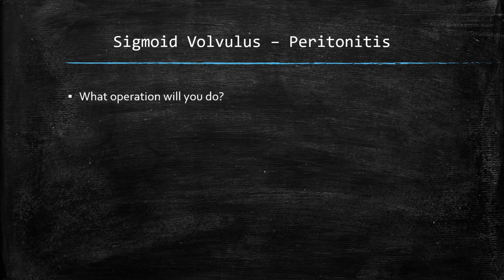You're unlikely to have a situation where you'll be tempted to do a primary anastomosis, since these patients generally are older, sicker, hemodynamically unstable in this situation. But I suppose if you had that unicorn type patient, there might be a once in a career type occasion to do a primary anastomosis. But at the end of the day, the Hartmann's procedure is going to be your go-to operation for this situation.